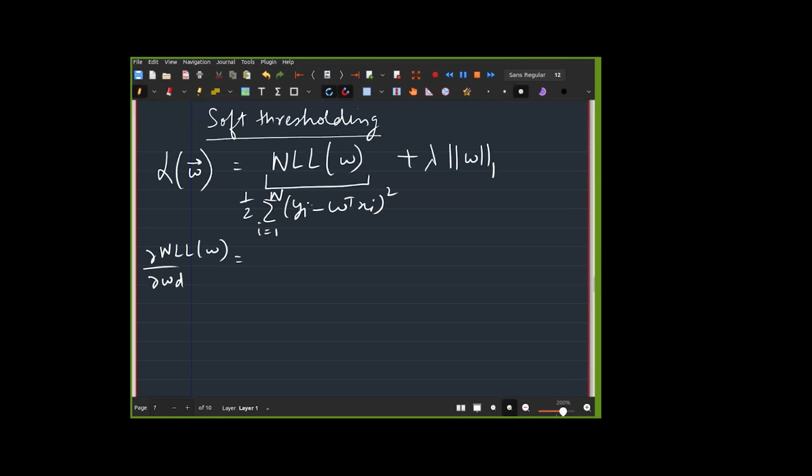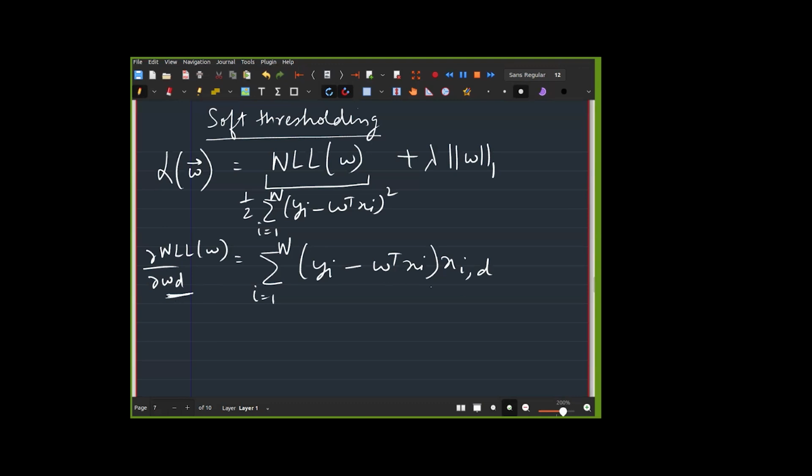If I take the derivative, the 2 comes down and cancels with this half. What I'll get is the sum over i equal to 1 to capital N of (yi minus W transpose xi) times x_i,d, because I have taken the derivative with respect to WD, which is the dth dimension value.